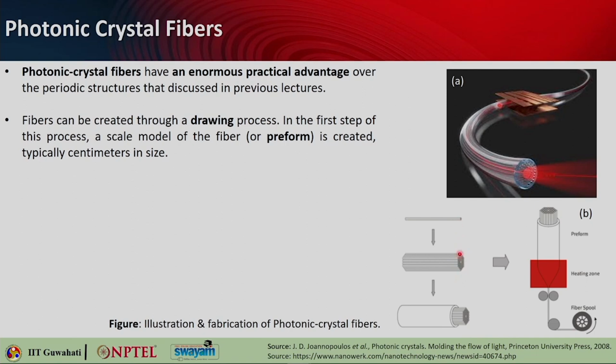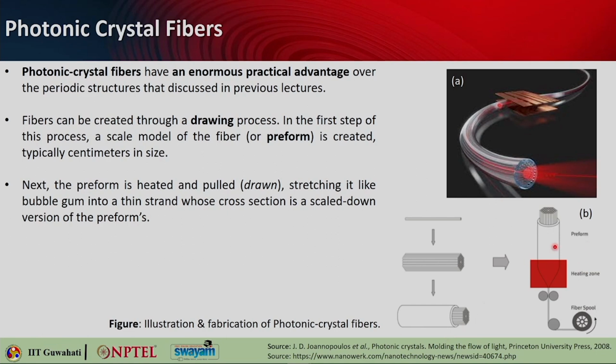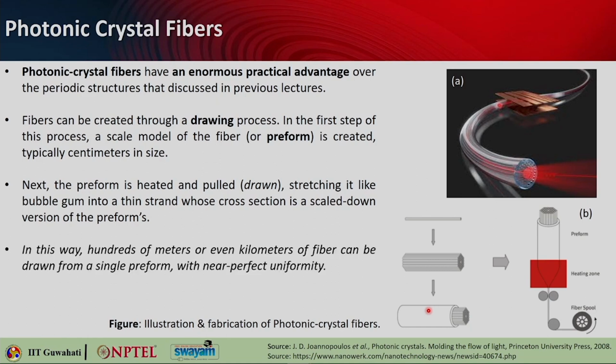So you actually make the actual shape of the fiber like this, and then you heat the preform and pull it. So it is like bubble gum being stretched, and you can draw micrometer thin fibers. In this way, hundreds of meters or even kilometers of fiber can be drawn from a single preform, and as you are drawing, you can make a roll or coil out of it.